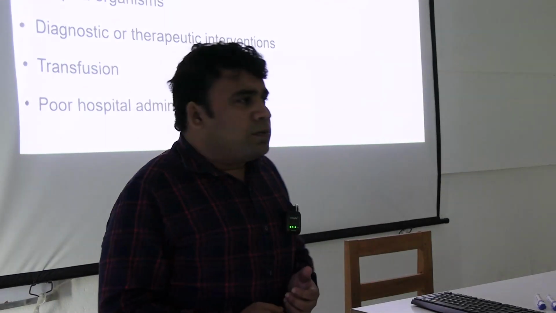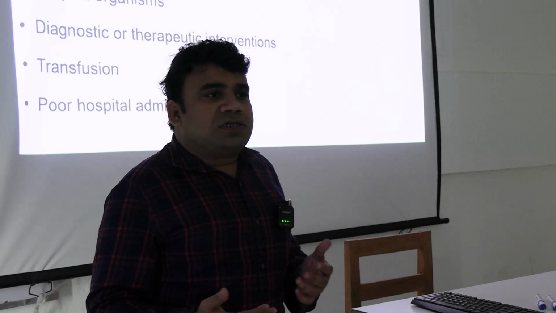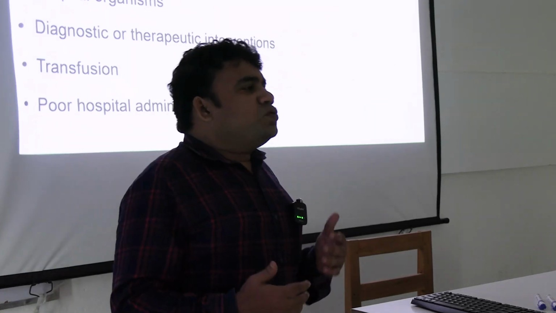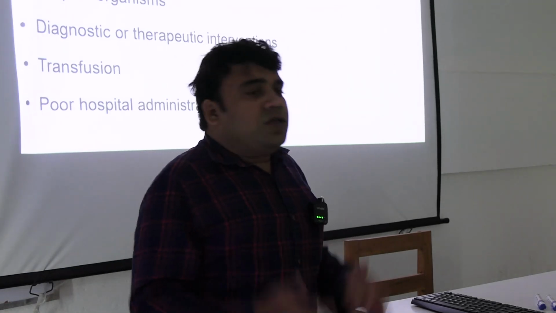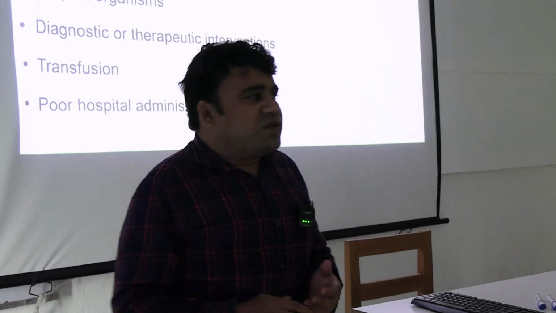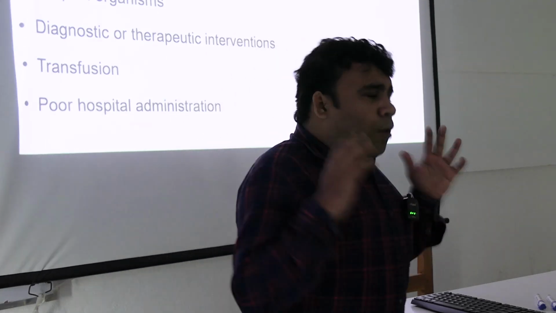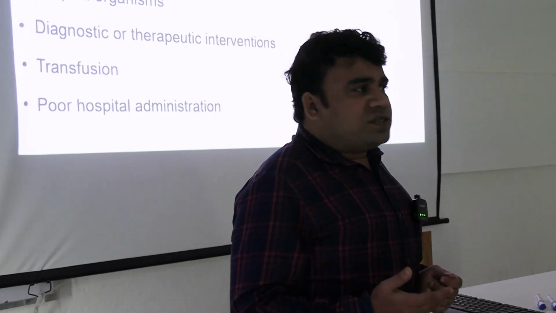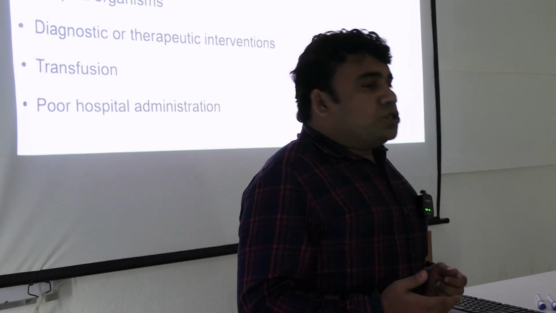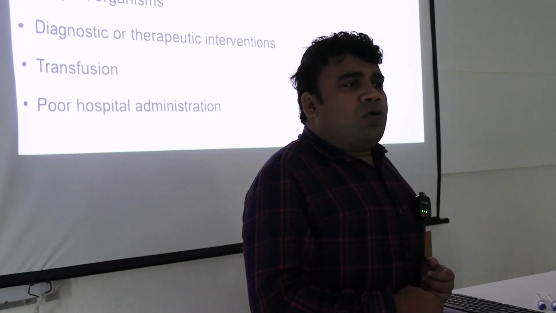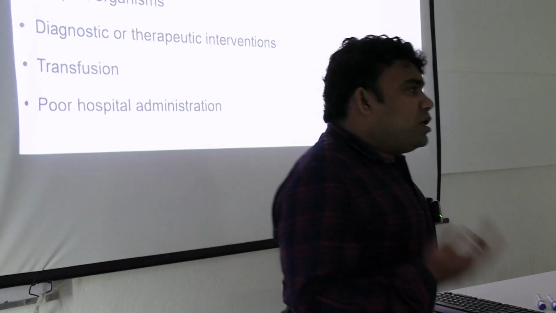Most of the patients are moribund patients. A lot of interventions are done. The number of HAIs will be very high, even though that hospital has a robust infection control system and proper antibiotic policy, but still the rate of infection is high. So just one single parameter would not be able to give you the clear-cut picture.